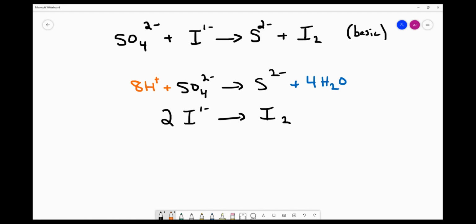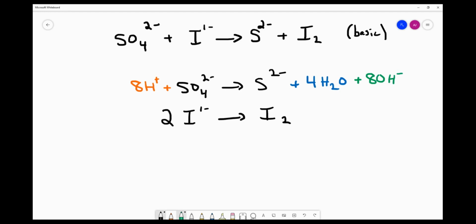The way we're going to cancel out the hydrogen ions is to add hydroxide ions to both sides of each half-cell reaction. And for every one hydrogen ion that we have, we are going to add one hydroxide ion. There's 8 hydrogen ions on the left-hand side, so I'm going to add 8 hydroxide ions to the right-hand side.